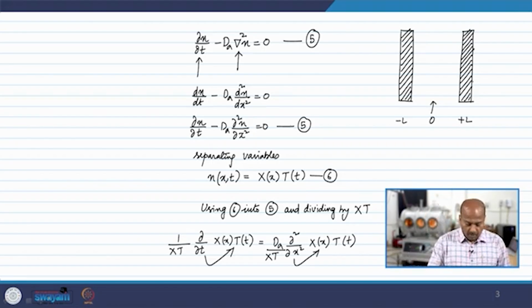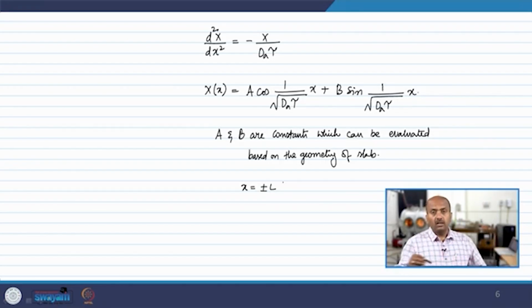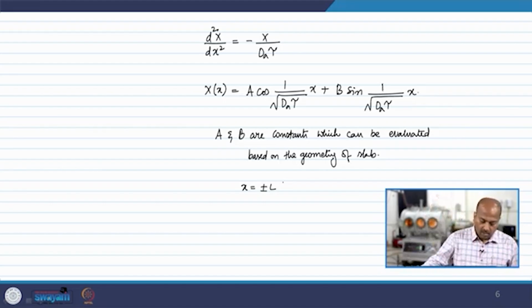So, this is the geometry of the plasma, and this is minus L, plus L, both sides. Now, the density of plasma is maximum between the walls. So, here the density is maximum, and it decreases as you go towards the walls, right. So, the distance x can be between plus L and minus L. So, minus L to L is the total distance, right.